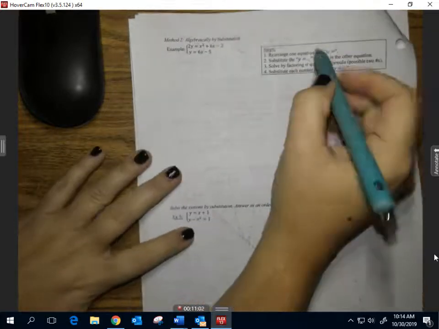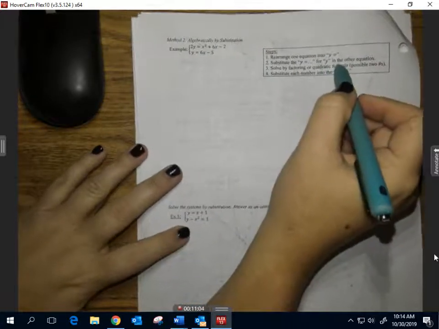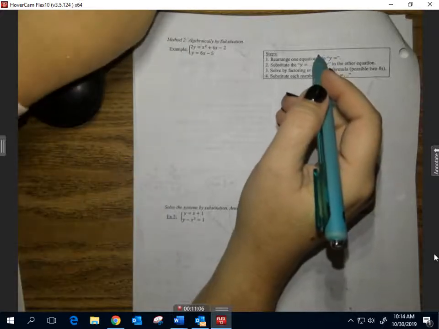So first off, we are going to rearrange one equation into y equals. I'm going to zoom in a little bit here.